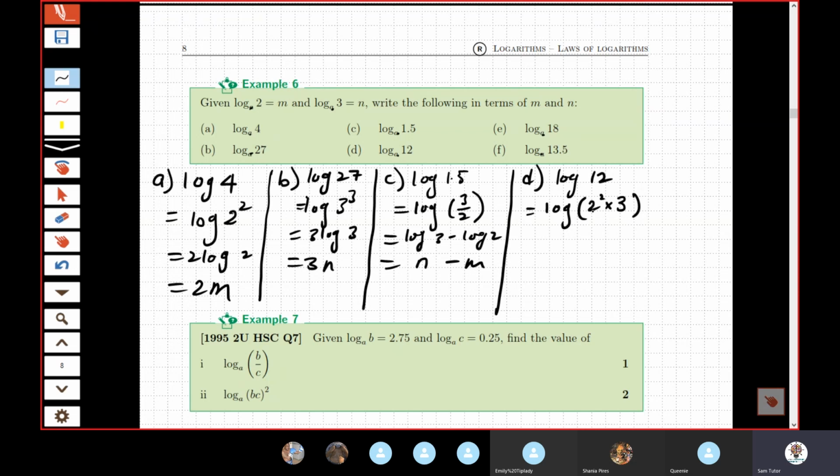So log 12 is 4 times 3. 4 is 2 squared times 3. What do you do when they're multiplied? Add. And then bring the 2. Well, we already know the answer to log 2 squared. You bring the 2 down, and then it becomes 2m. So that's 2m plus log 3, which is n.